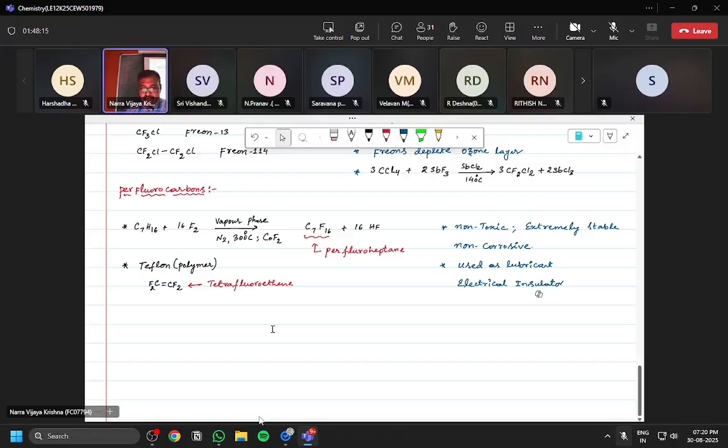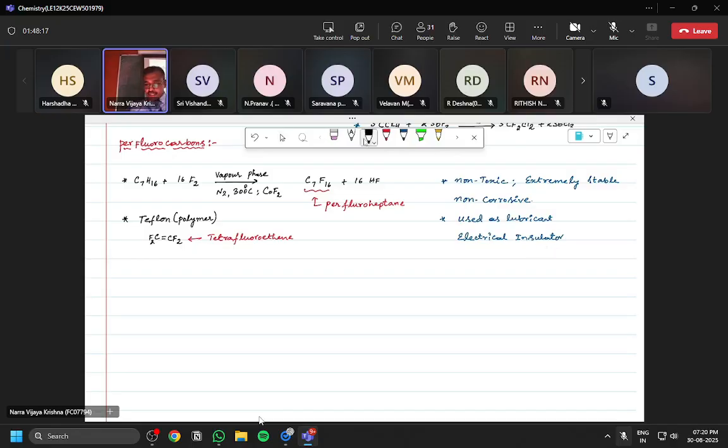Next one, BHC. We also call it lindane, benzene hexachloride. BHC, or we can also write it as 666, or we also call it lindane.